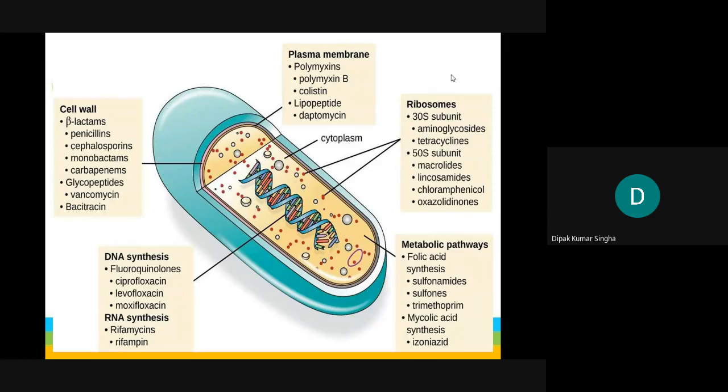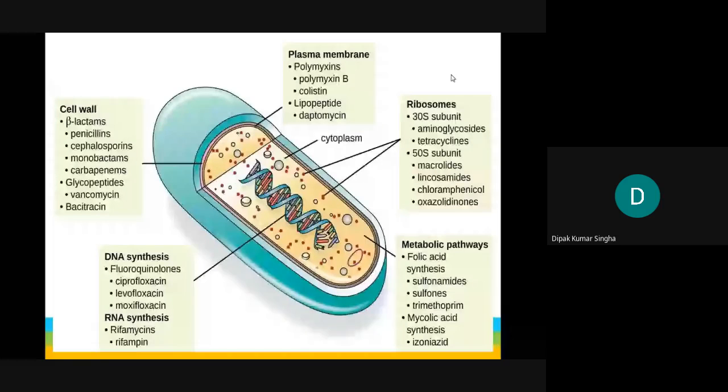Another, in the case of the metabolic pathway, folic acid. Folic acid is an essential component of the bacteria. And folic acid is synthesized in two steps; the enzymes dihydrofolate reductase and tetrahydrofolate reductase are required for the synthesis of folic acid. So sulfonamides and sulfones generally inhibit or bind these particular enzymes.